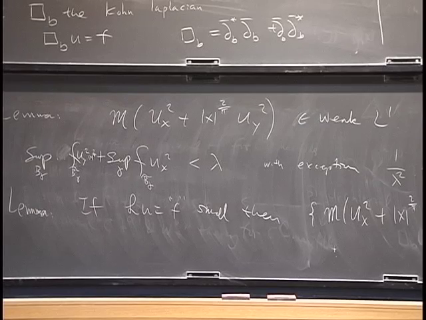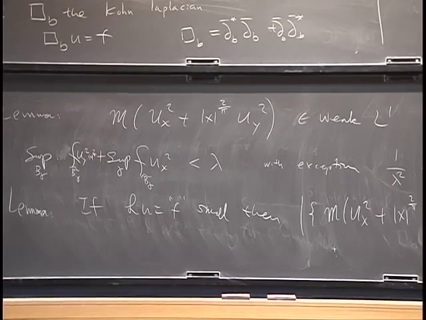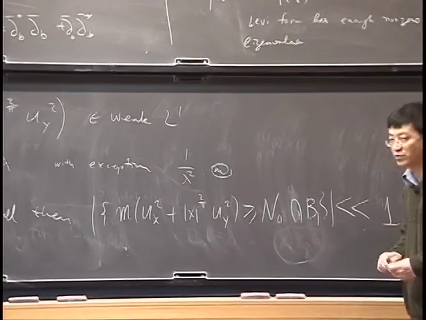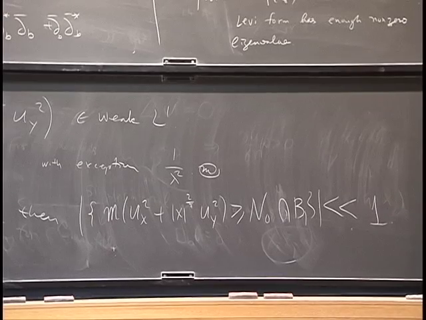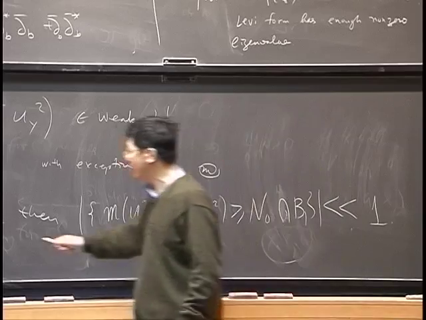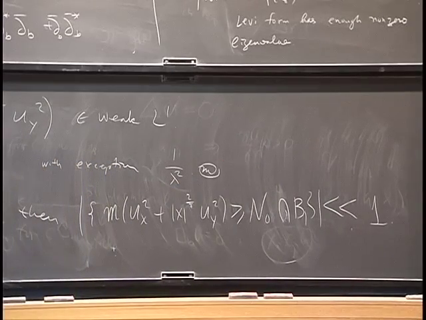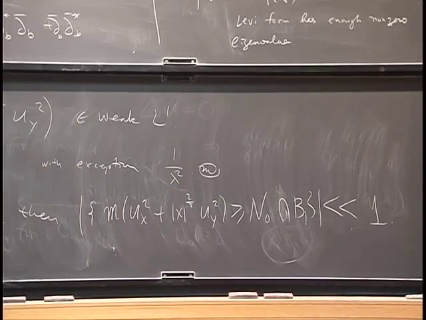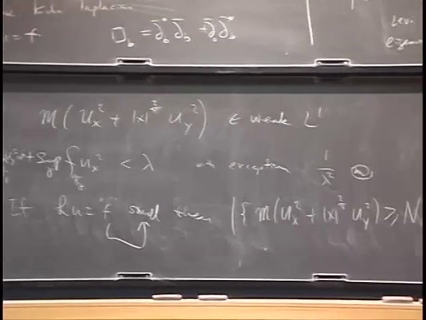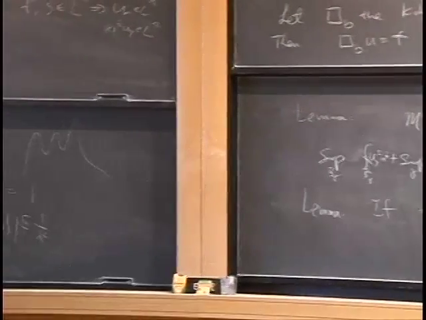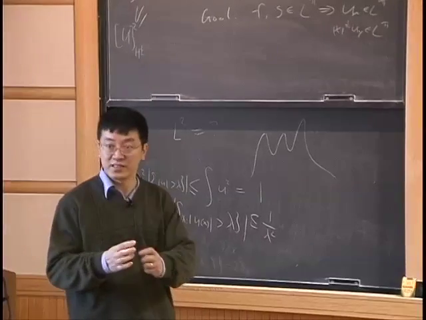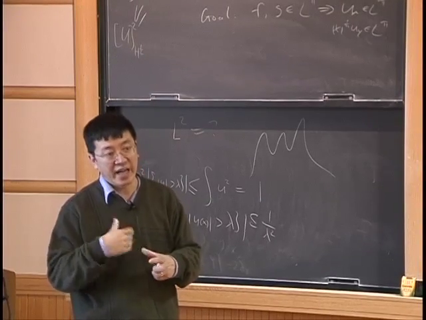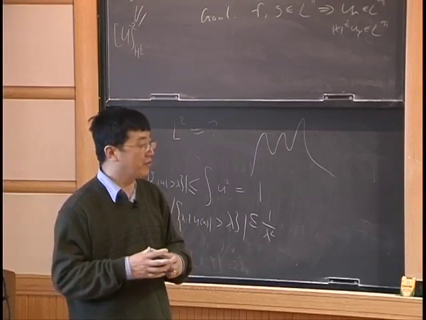So this would be the key estimate. In the case f is small, I want to say the probability for the gradient of the solution to be huge is almost 0. And this says that infinitesimally you gain integrability of the gradient.